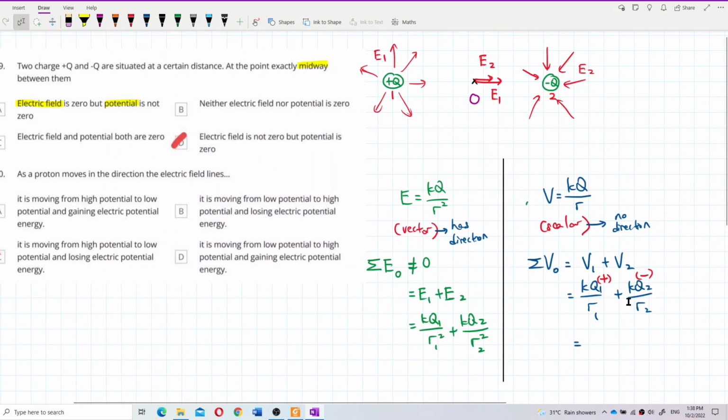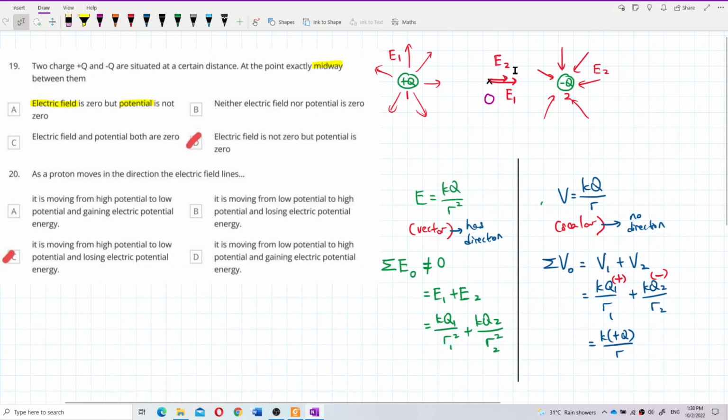So I can put it like this: K positive Q over R. And since O is midway, the distance is the same, R, equal distance.